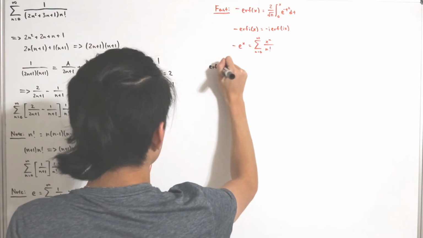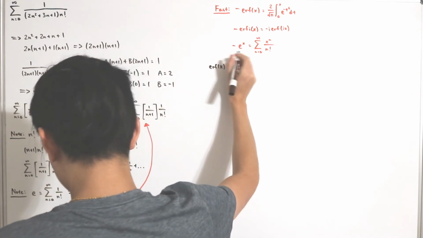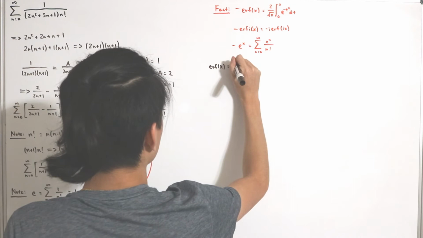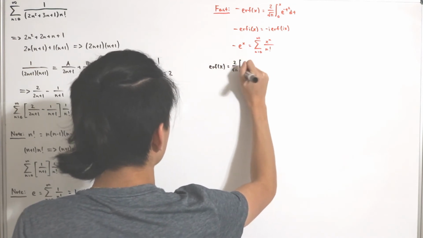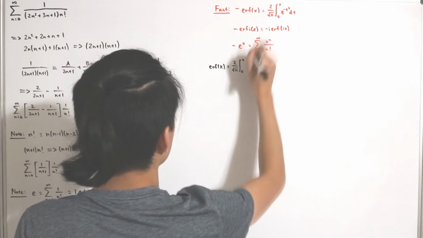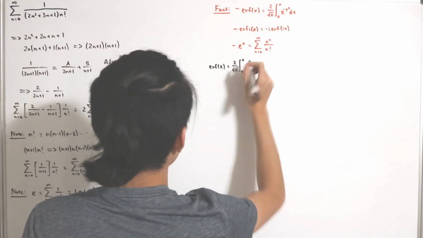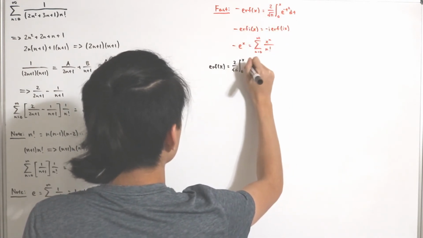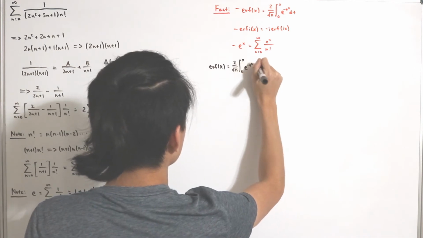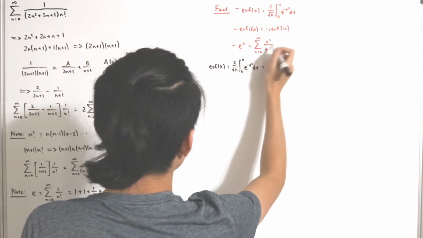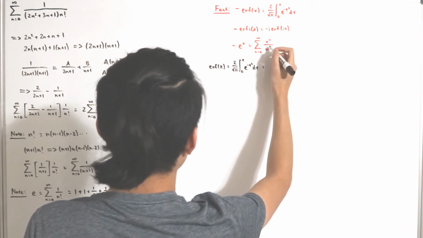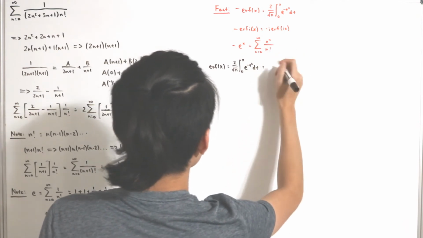Error function of x is equal to 2 divided by the square root of pi, and let me rewrite the definition one more time to reiterate: the integral of e to the negative t squared dt. We'll just replace e to the negative t squared and use it in terms of the series.